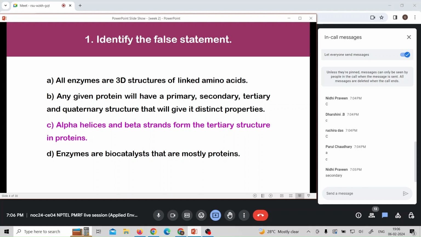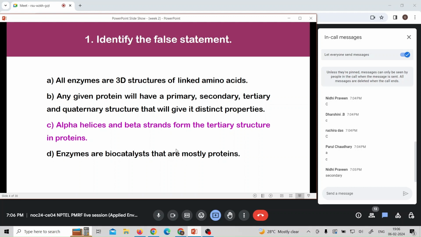We'll discuss it during that discussion session. And enzymes are biocatalysts. Yeah, they are biocatalysts. They are going to catalyze biochemical reactions, and they are mostly proteins. Yes, only a few enzymes are RNA enzymes. So otherwise, mostly enzymes are proteins.